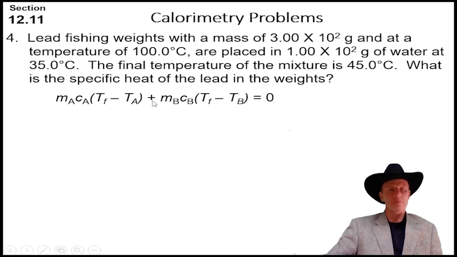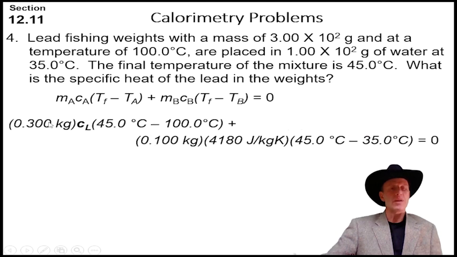Remember, on the left side of this plus sign is going to be all the data dealing with the metal. So we got the lead, which is 300, which is 0.3. We got the final temperature, which is the only number that's shared, 45, minus the original of the lead, which is 100. Now on the right hand side of the plus, we have the data for the water. So what was the mass of the water?